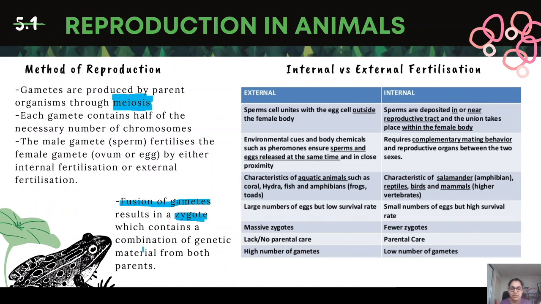So that's really important. So it's fewer zygotes, but obviously parental care is needed, and there is a low number of gametes as well. So that is the main distinction between internal and external fertilization.